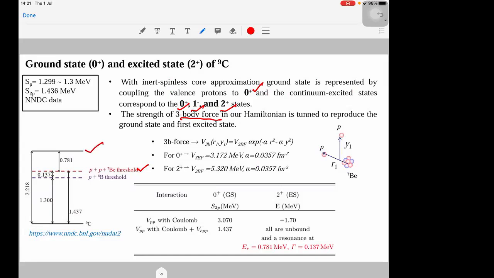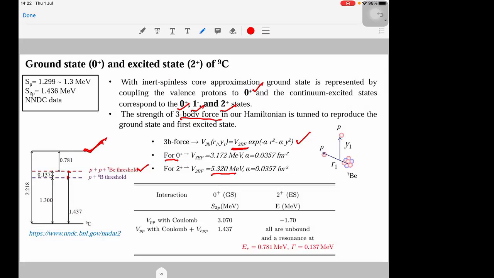As I explained, for the three-body force, we make use of a product of Gaussian functions. For 0+, we tune this parameter to reproduce the three-body threshold, that is the 2 proton separation energy, whereas for 2+, we tune this parameter to reproduce the energy of the first excited state.